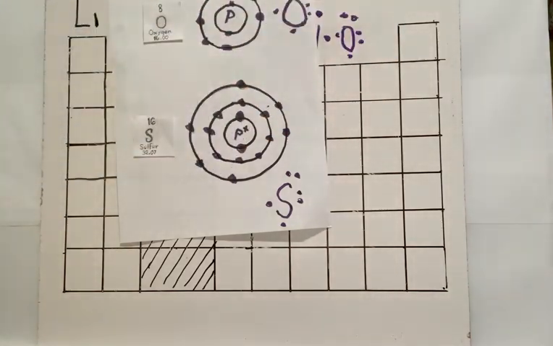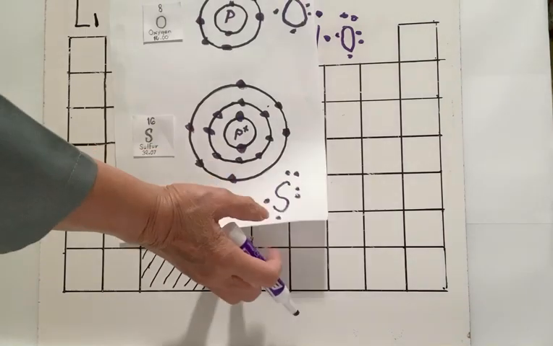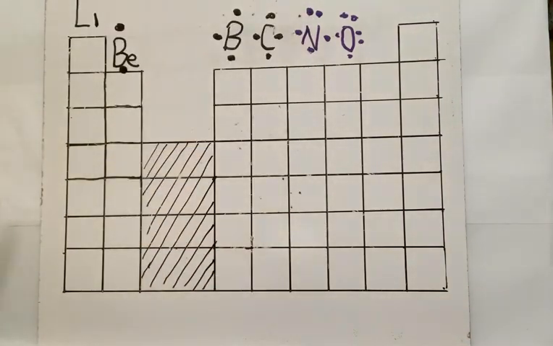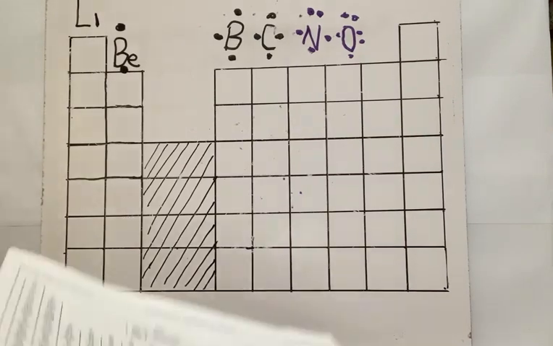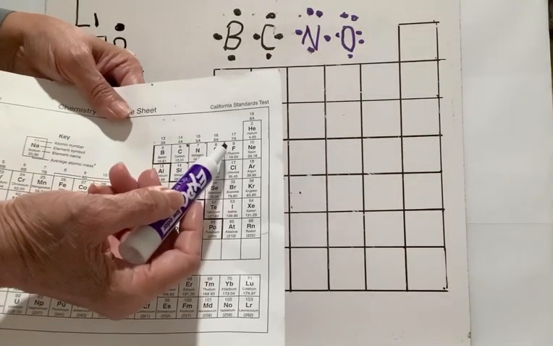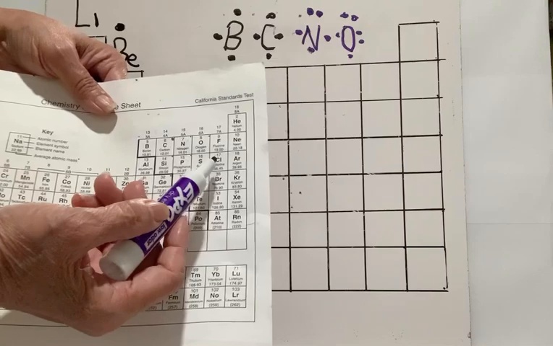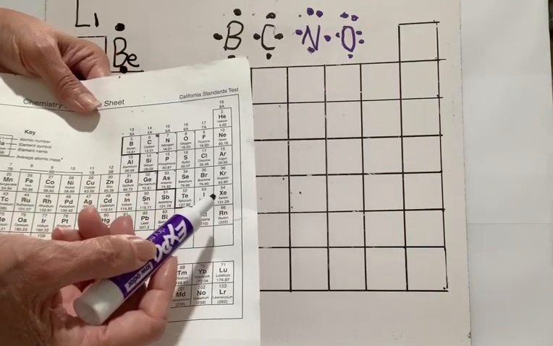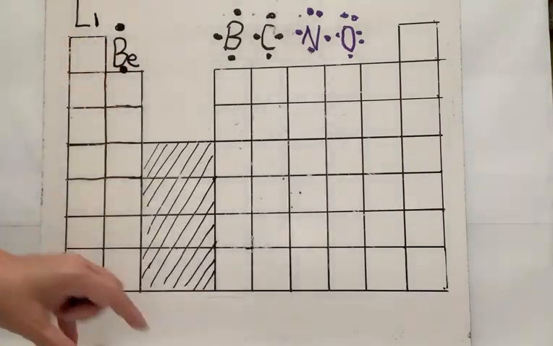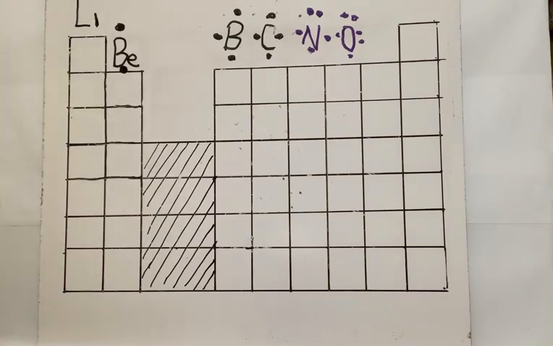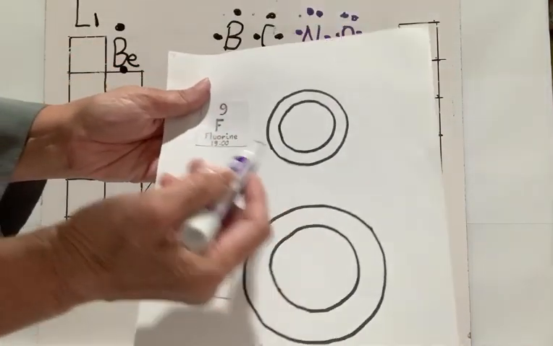Okay? Now, we proceed to group 7A. Group 7A, on the periodic table, on top is fluorine, followed by chlorine, bromine, iodine, and astatine. But we will only illustrate using fluorine and chlorine.